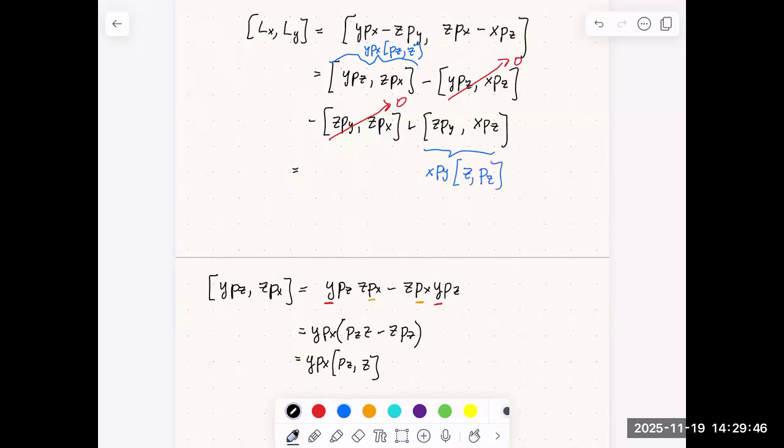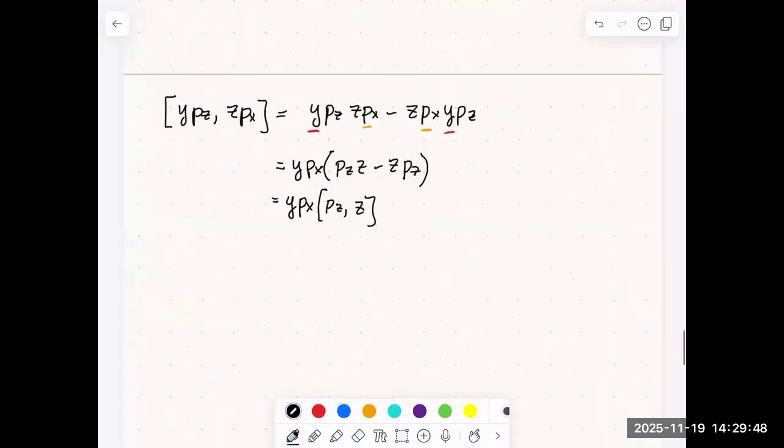So what we have then is that this Lx, Ly commutator relation that we're trying to work on is y px pz z plus x py z pz.